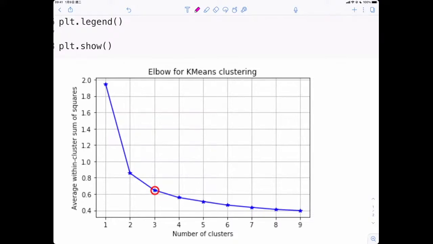We simply brute force it, because we don't know how many clusters to partition this data set into. So we just ask kMeans to partition it into 1 cluster, 2 clusters, 3, 4, 5, 6, 7, 8 clusters.